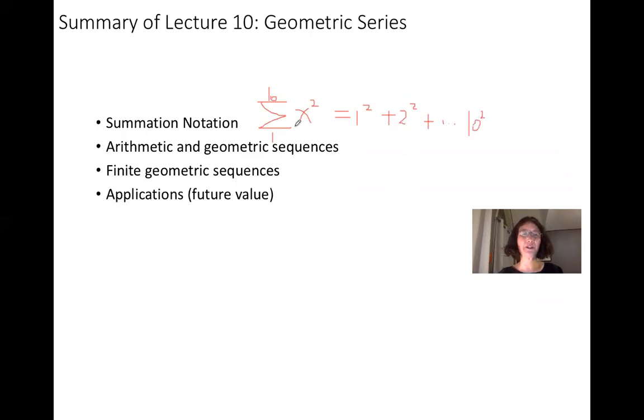That is the summation. We introduced arithmetic and geometric sequences, as well as the series, and we talked about finite geometric series.